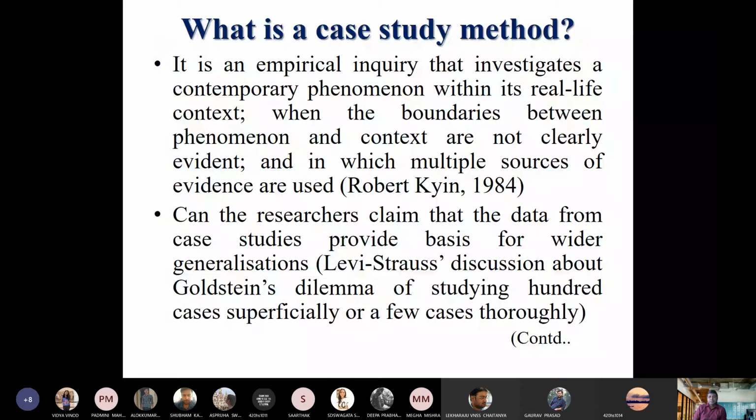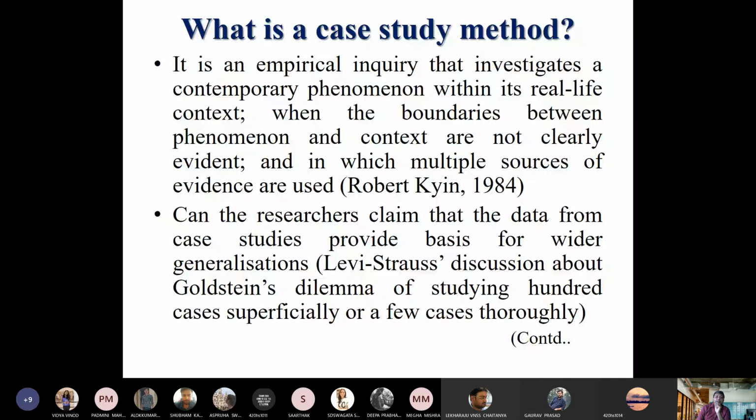Case study method is an empirical inquiry. What is empirical? It means we are going to the field and we are inquiring in the field. What is it doing? It is an empirical inquiry which is investigating a contemporary phenomenon.